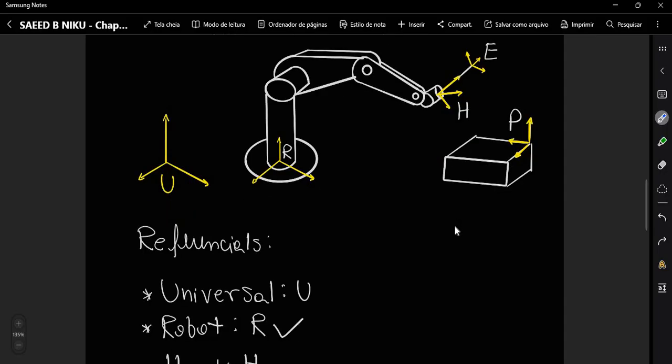Right here, it's not referential, it's reference frames.